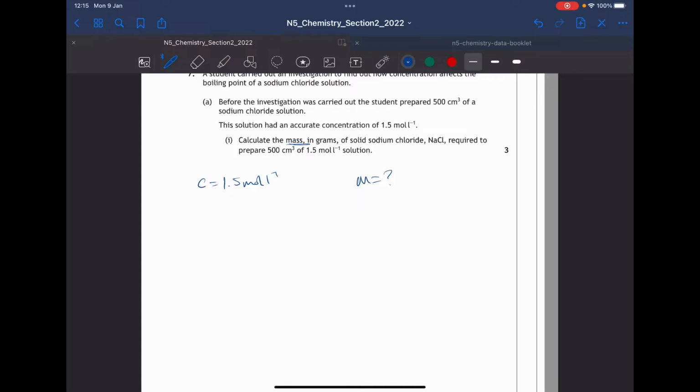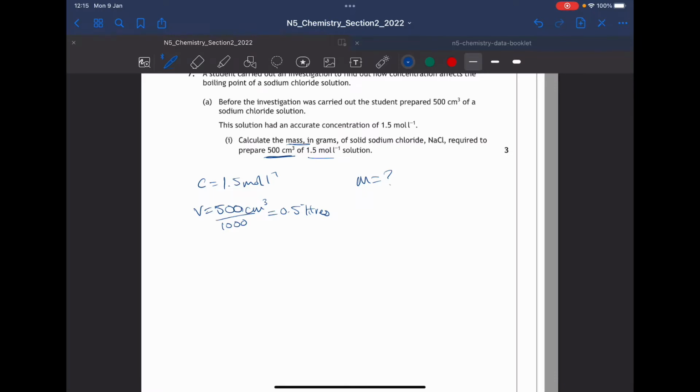And then it gives you a volume here, 500 centimetres cubed. Just remember, always divide volumes by 1,000 to change them into litres. So that'll be 0.5 litres. And the other number here is the concentration again.